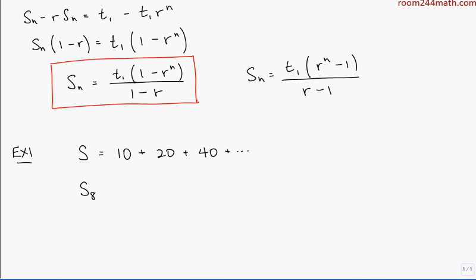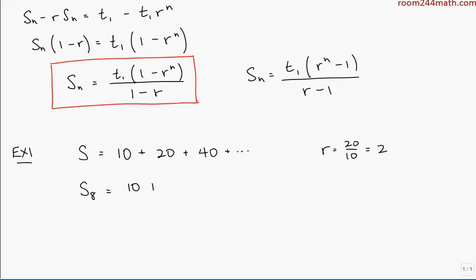And if we want to find S8, in other words, the sum of the first 8 terms here, we can just basically plug the numbers into the formula. The first thing, though, we need to do is figure out what r is. What's the common ratio? To find the common ratio, you just take any term divided by the previous one. So in other words, 20 divided by 10 or 40 divided by 20, whichever your preference, you get 2.